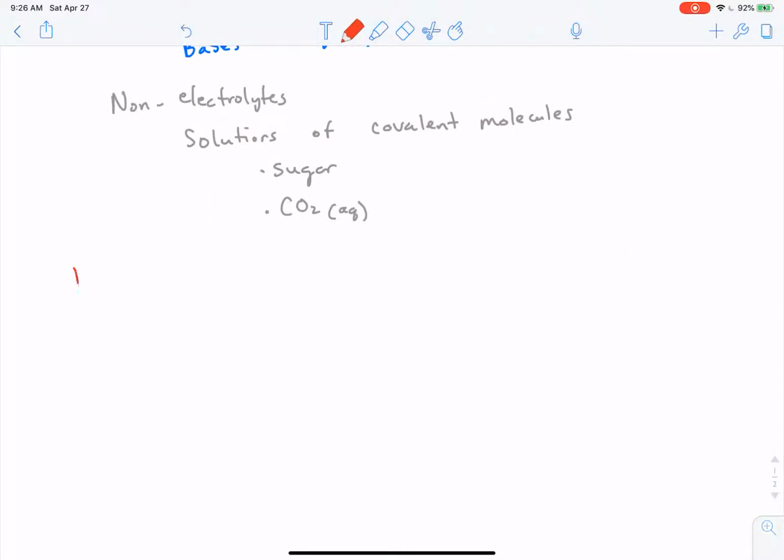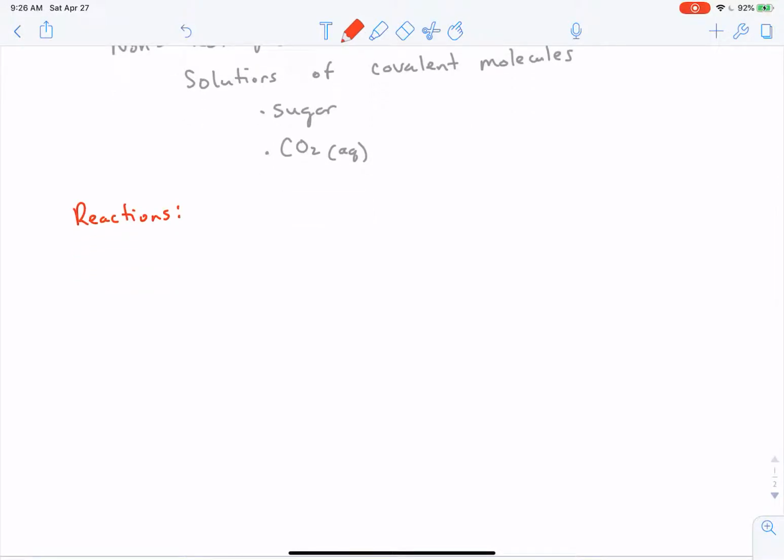So, reactions is a huge segment of this concept. And so we are going to do quite a few reactions here. And so something that's a strong acid or a base, you'll notice that it has a single arrow.